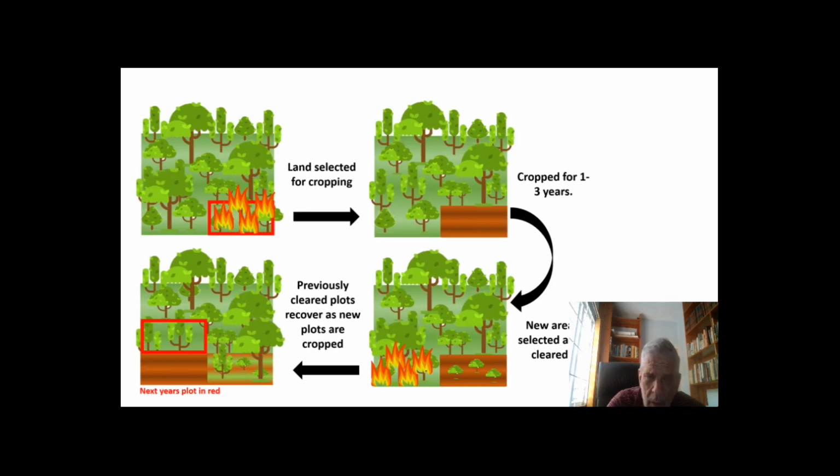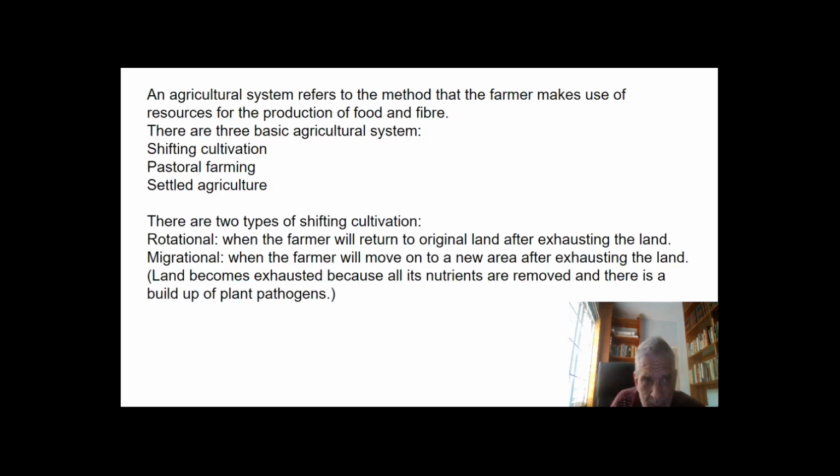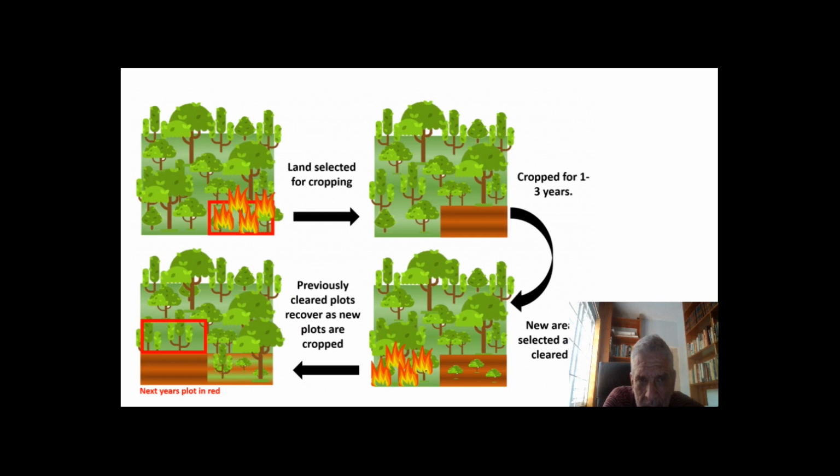So this shows what rotational cultivation is, where you eventually return to the original land.